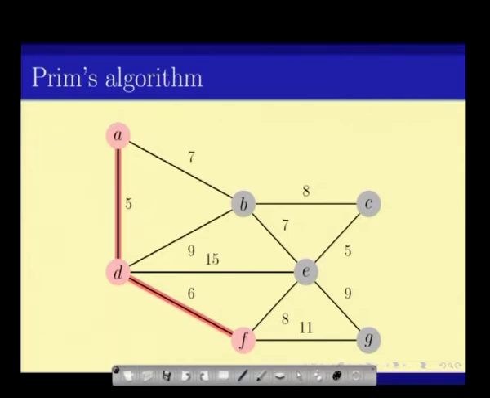We look at the edges that go out of A, D and F, and in this case they are 11, 8, 15, 9 and 7. So, it must be the edge 7, and we pick that. Once I pick this edge 7, this vertex becomes red, and all the edges between this vertex and any other vertex which is already colored red are blanked out or marked not possible.